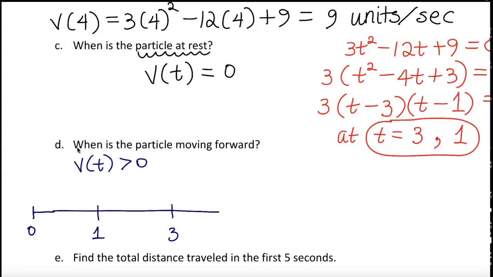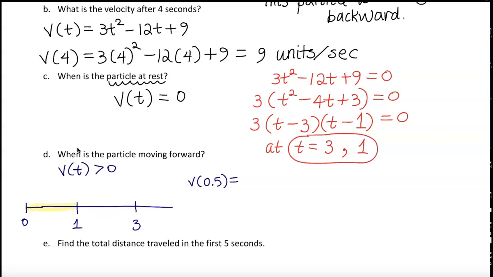If I first start with the interval between 0 and 1, what's a good number that I can plug in? Maybe I can plug in 0.5. I'll check v of 0.5. What will happen if I plug in half into this function?